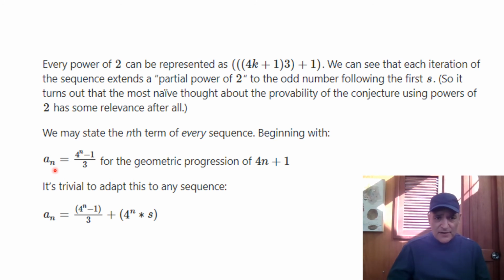and it's saying that there's an answer for the nth term for the geometric progression of 4n plus 1, whereby 4 exponent n, which is the term, minus 1 divided by 3, gives you the value of that. So it's trivial to adapt this to any sequence, and I did that by adding 4 to the power of n, the term, times the sequence number.